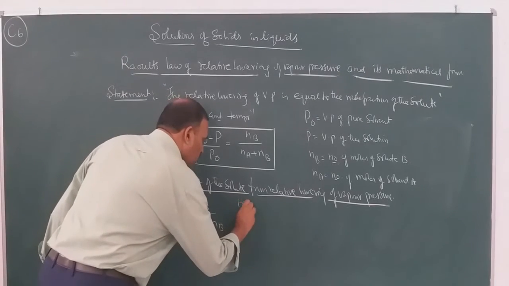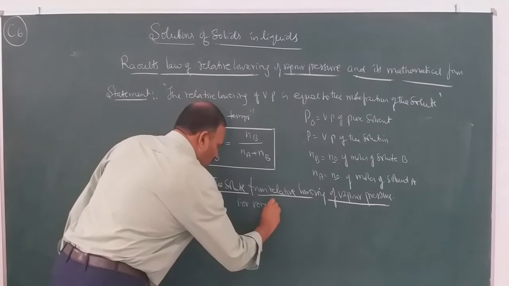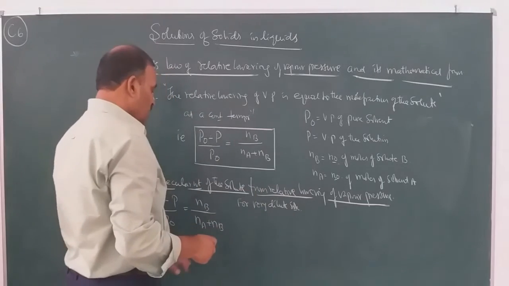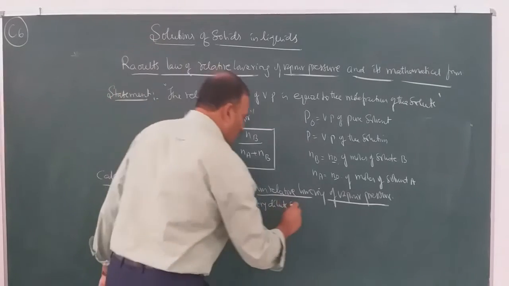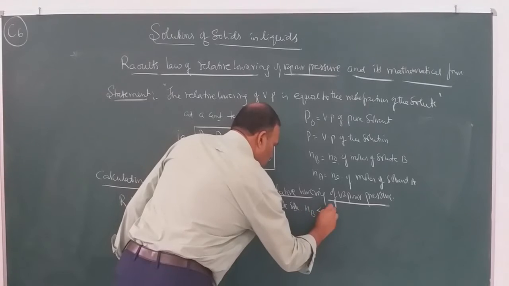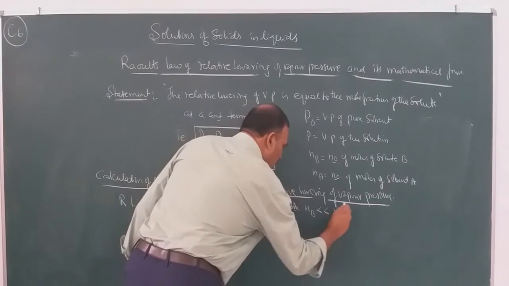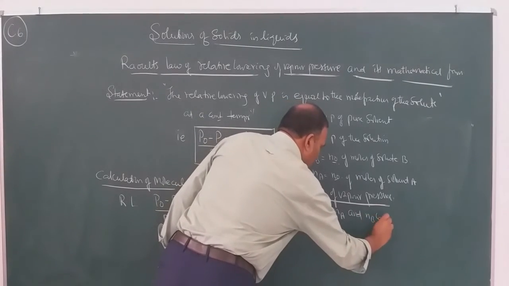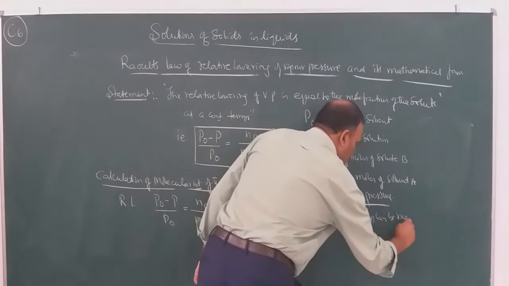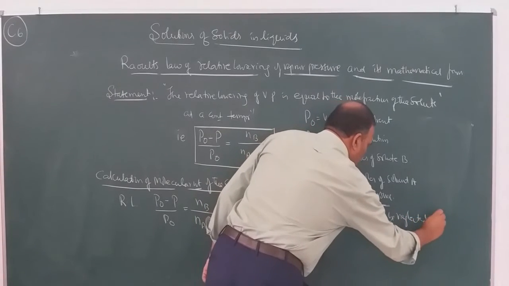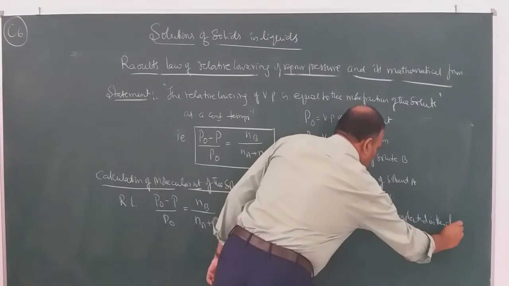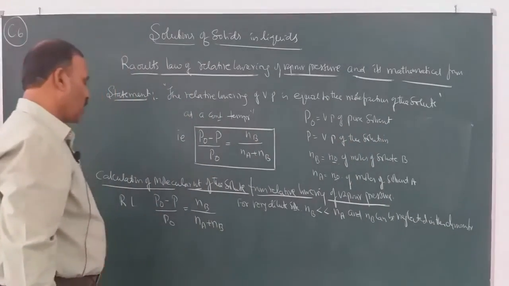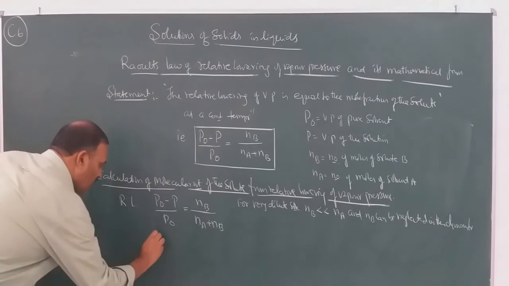For very dilute solution, since the concentration of solute is very small, Nb is very small than Na, and Nb can be neglected in the denominator. So what this equation becomes?